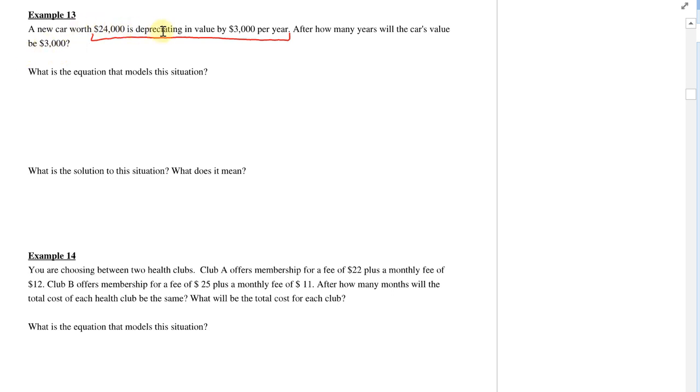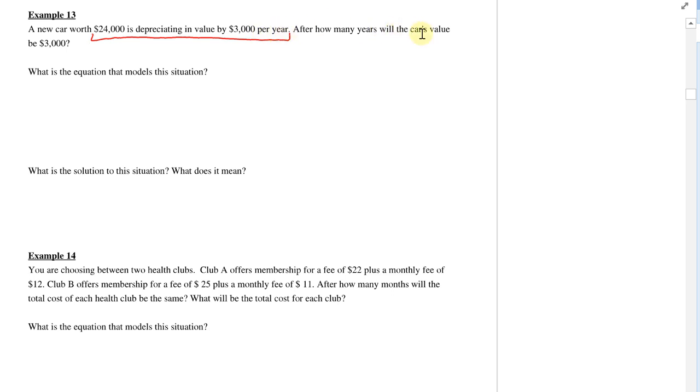Depreciating means what operation? Depreciating means subtraction. And this concept of $3,000 per year is also telling us an operation. This "per" is telling us 3,000 per year, and we don't know how many years, so it's 3,000 times however many years we need.